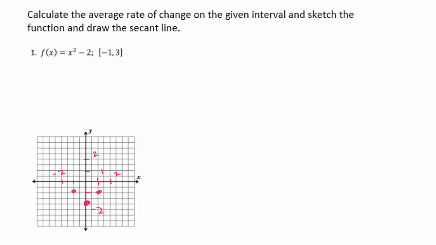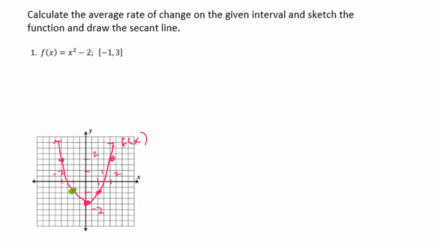And we do 2 squared is 4 minus 2, so that'll put us at 2. So we're looking at a parabola that looks like this. It's our f of x, and we're looking at the interval -1 to 3. So from -1 to 3.